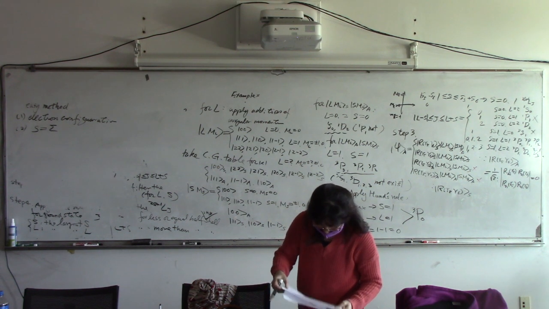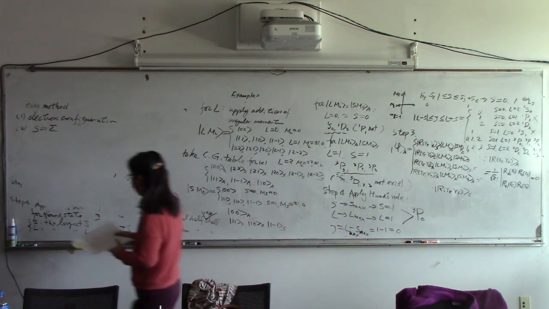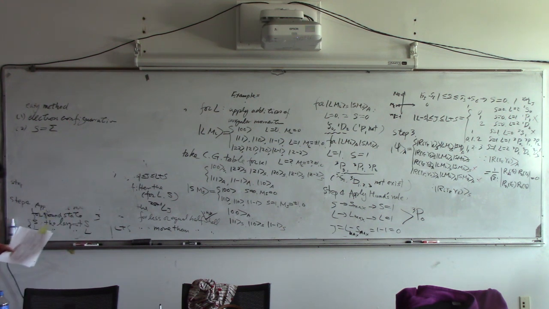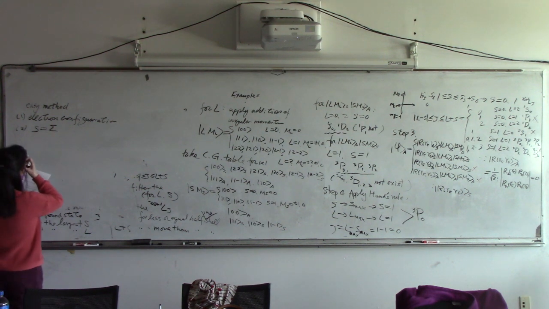And you can double check yourself and select any arbitrary element from the periodic table. Once you know the configuration, you just apply this method, and you can really get the spectroscopic notation for the ground state.